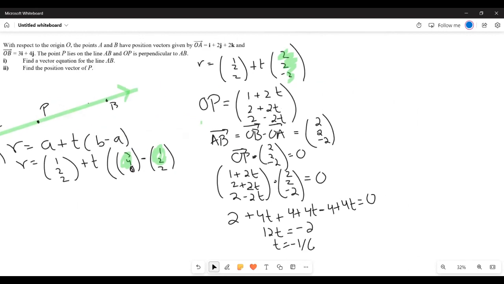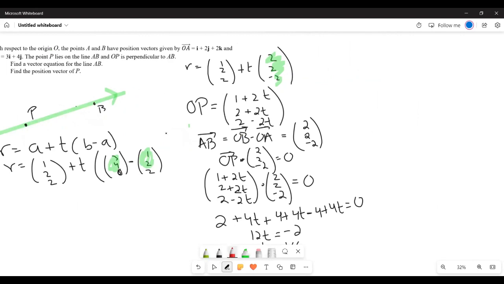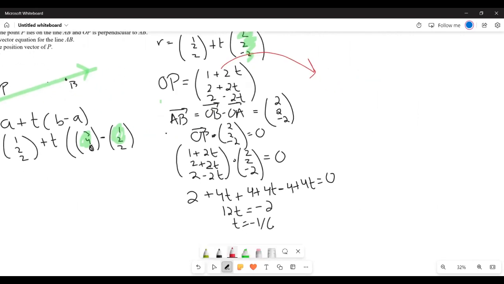When t has this value, let's find OP. That would be 1 minus 2 by 6, which is 2/3. 2 plus 2 times minus 1 by 6, which is 5/3.